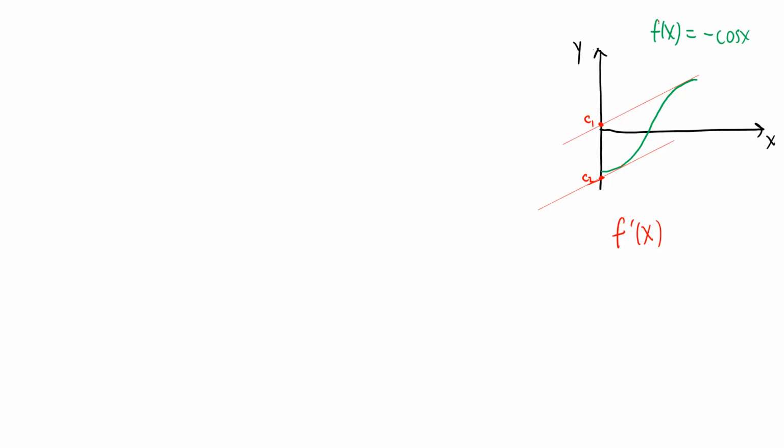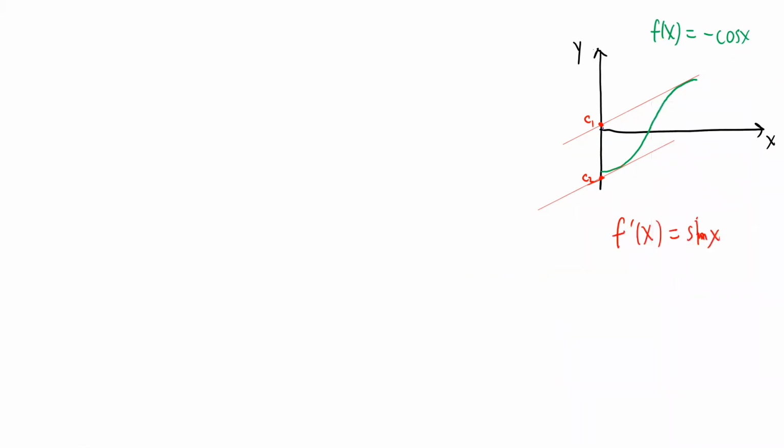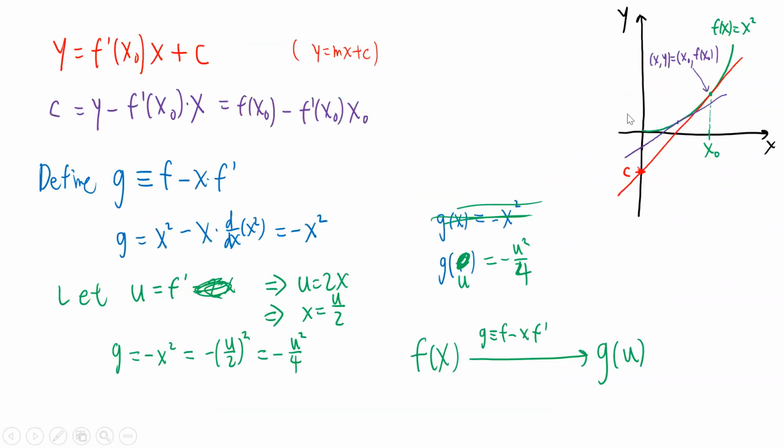Because in this case, f prime of x would be sine of x. I draw the same picture, so it would be like this. This f prime of x is not a monotonic function. It's sometimes increasing and then decreasing back again. For x squared, I don't have the problem. f prime is always increasing. It's a monotonic function.